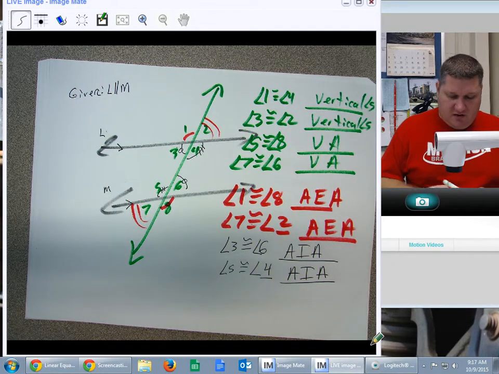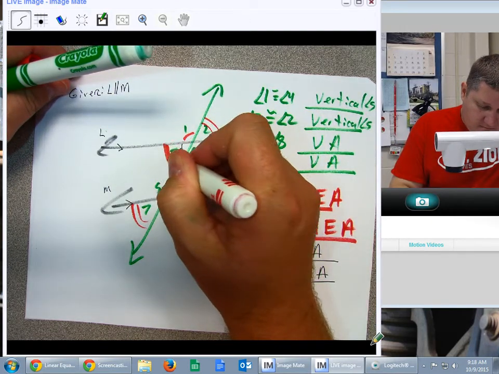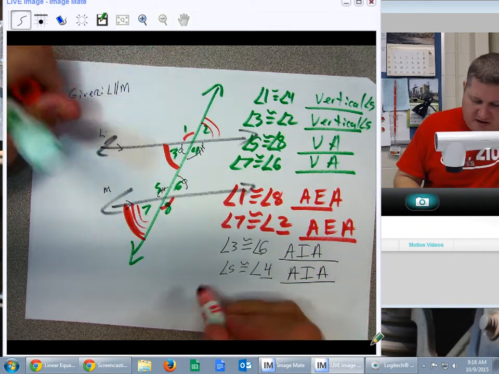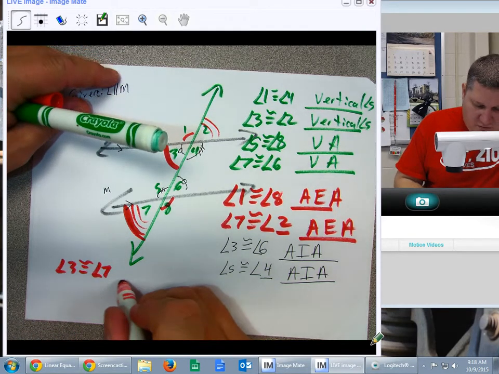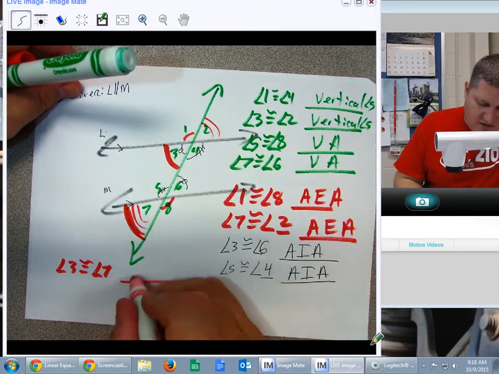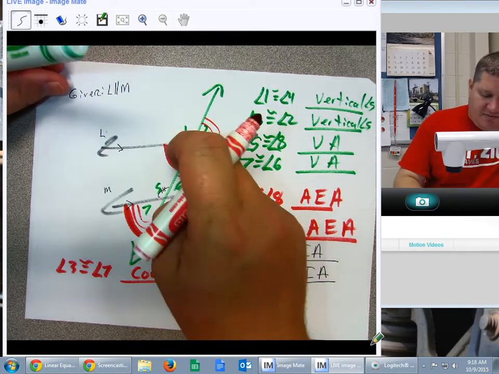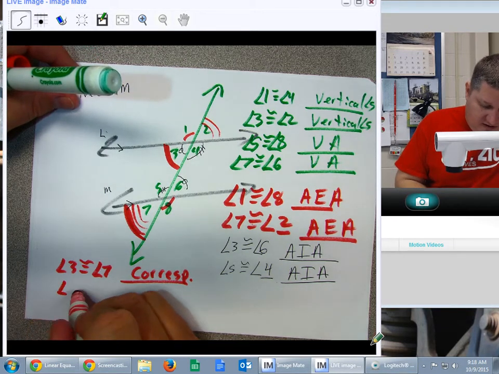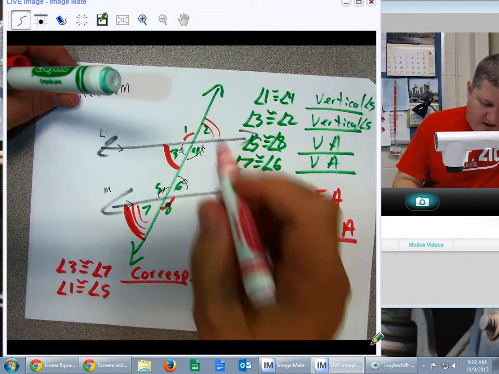The next thing we need to talk about is angle 3 and angle 7. What's true about angle 3 and angle 7? Well, they're going to be congruent by what reason? Same side of the transversal, same side of the parallel lines, corresponding. In parallel lines, corresponding angles are indeed congruent, which means now I have angle 1 is congruent to angle 5.